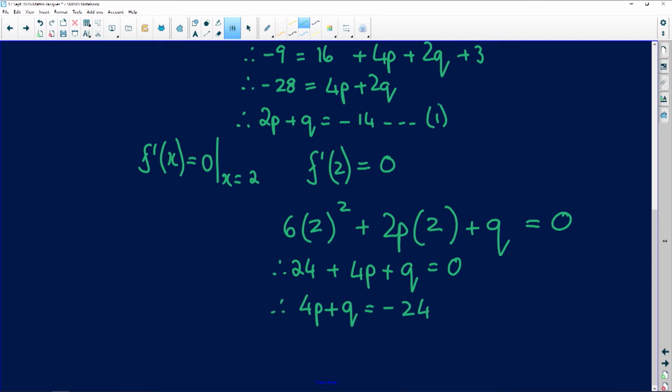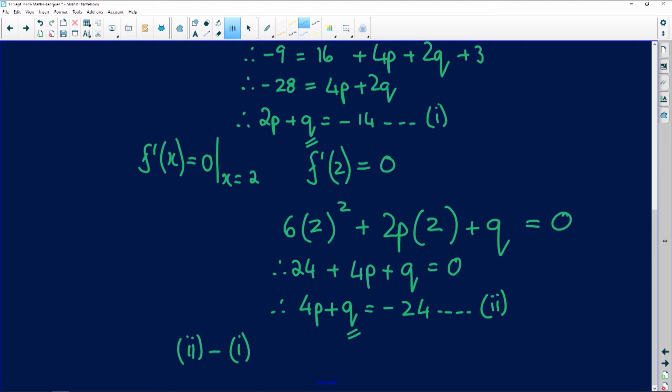And that there, folks, is equation number 2, and that was equation number 1. Now look at this. If we take equation number 2, and from it we subtract equation number 1, then we're going to say q minus q. So we lose this q minus that q is gone. Okay, we're subtracting from the bottom.